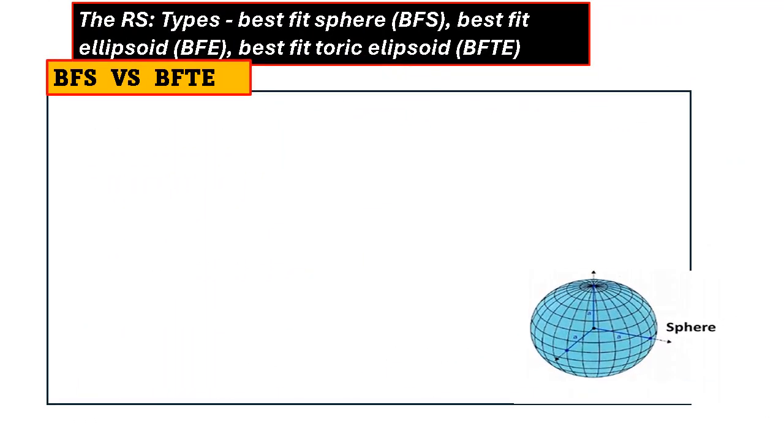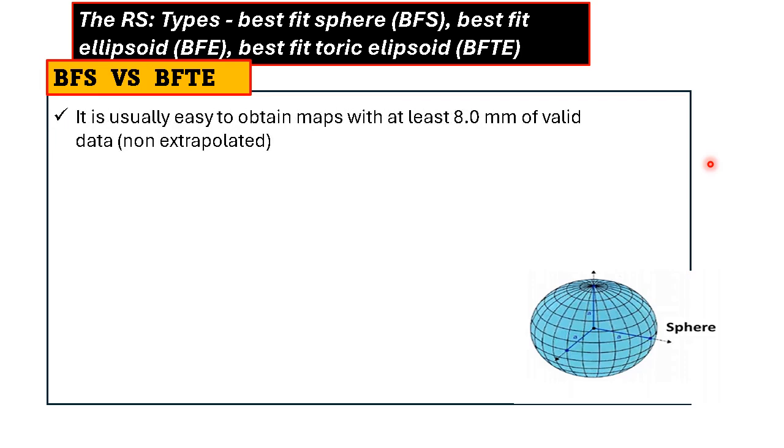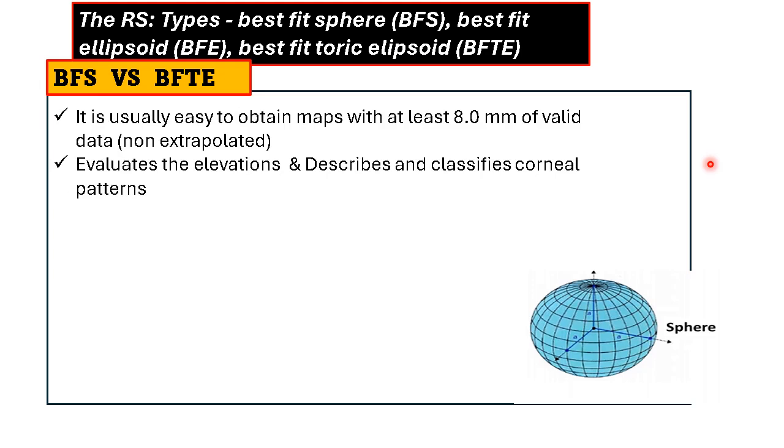To understand the difference and the applications of the best fit sphere and the best fit toric ellipsoid, you should remember that the normal shape of the cornea is toric ellipsoid. But the best fit sphere is the most common standard reference surface that is used in the most common standard display of any corneal topography, especially in the presence of regular cornea.